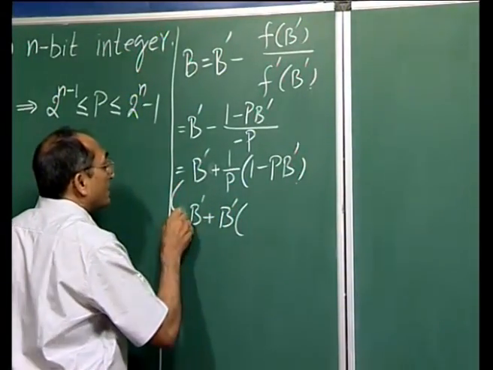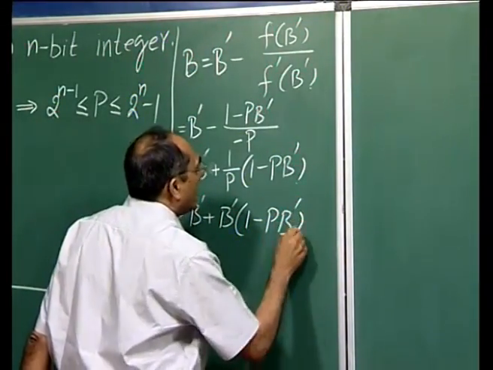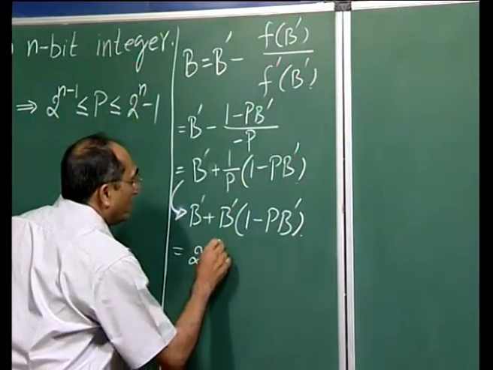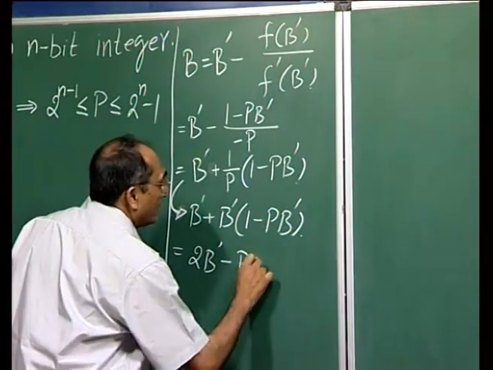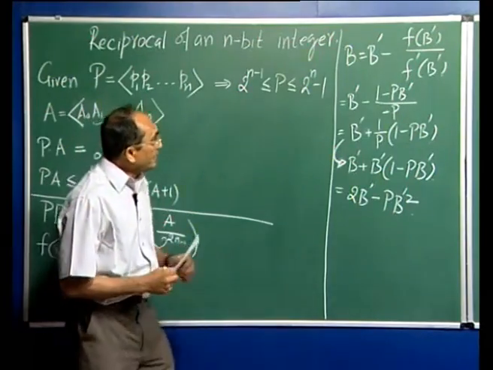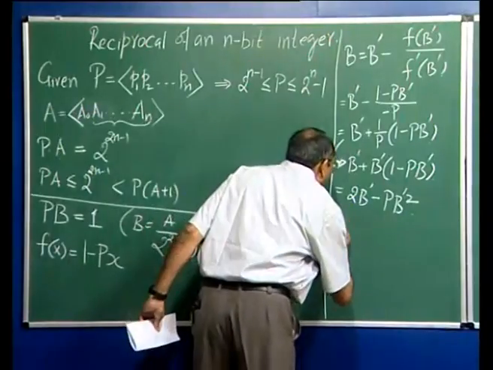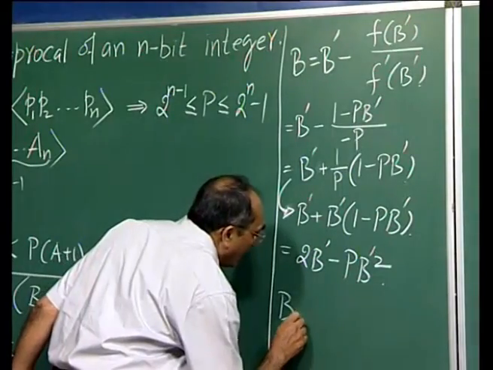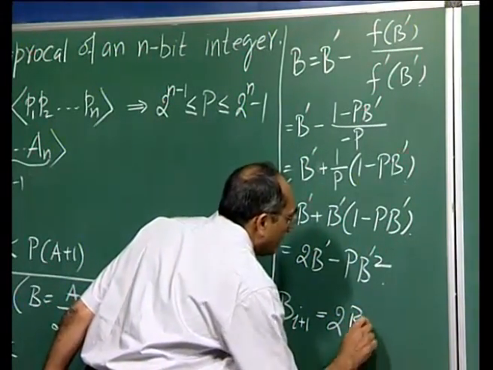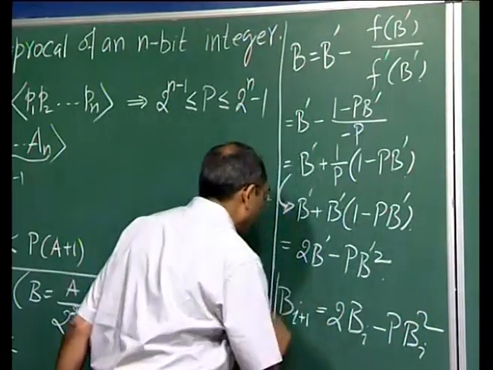So, we will not say it is equal, but we will transform this into this, and that is 2 b prime minus p b prime square. So, let us say we will use the iteration b, let us say I plus 1, equal to 2 b I minus p b I square.